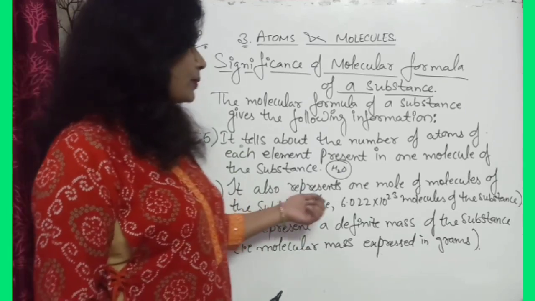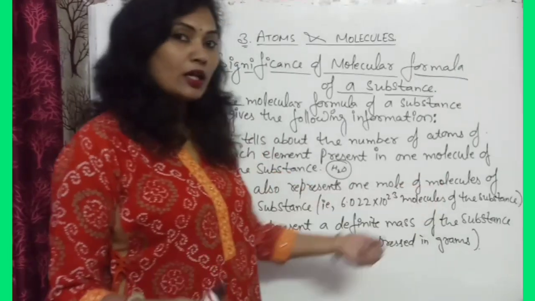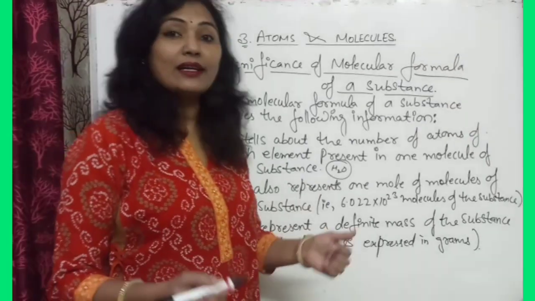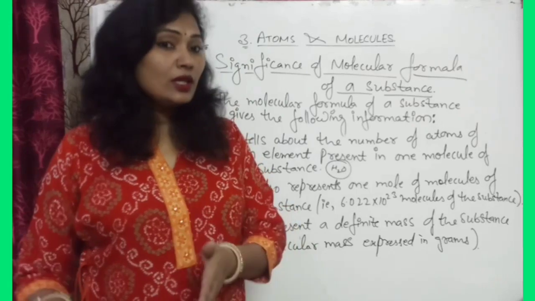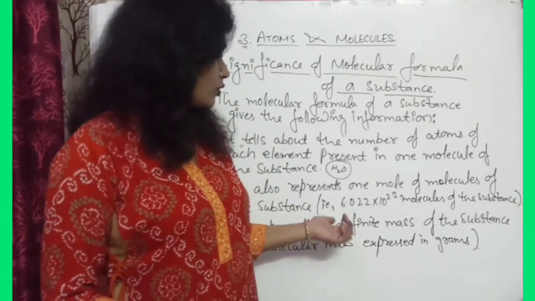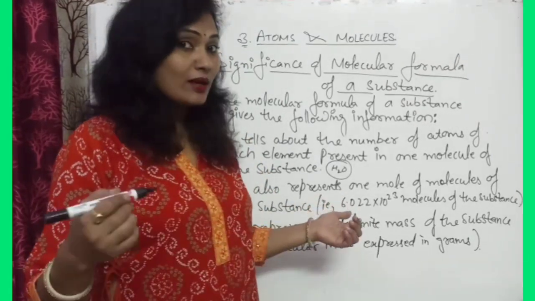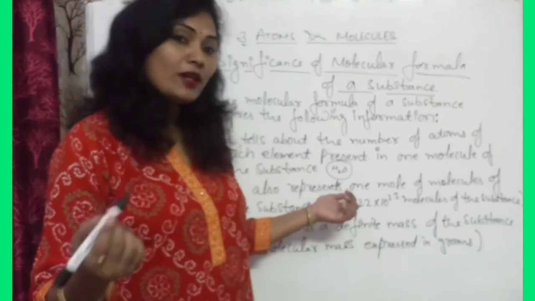Now it also represents 1 mole of the substance, that is 6.022 into 10 to the power 23 molecules of the substance. We have taken the example of H2O.